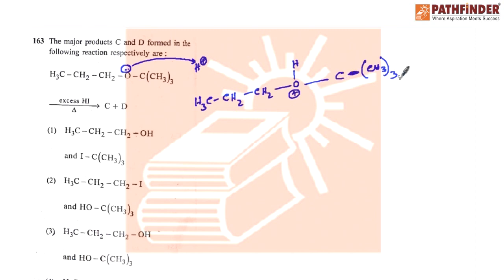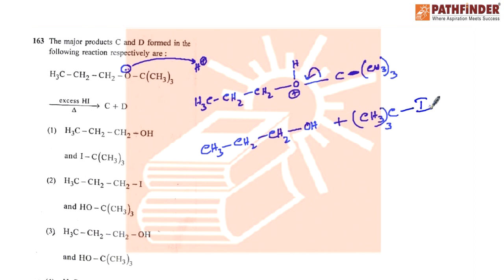In all the places there is CH3. Now in the next step, obviously the more stable carbocation will form, so the alcohol CH3CH2CH2OH will be formed, plus C(CH3)3 with I, because I minus will attack over here.